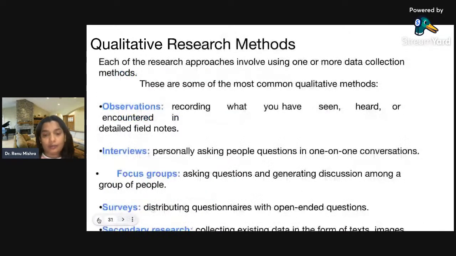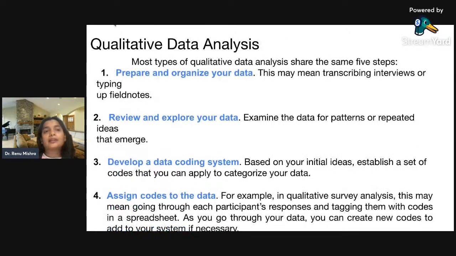Secondary research is one more. Secondary research is primarily based on existing literature, anything in documented form and related to your research interest, which becomes a part of your secondary data.